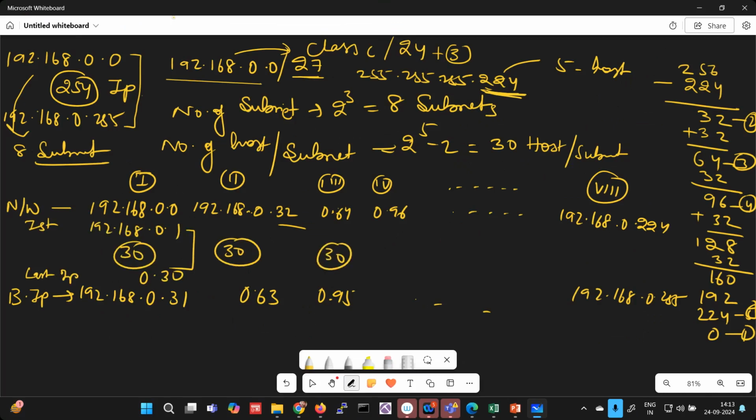Similarly, we can find out the last one: 0.225 to 0.254. 30 IPs, so 30 IPs in each subnet. So this is the way we calculate the subnet mask.